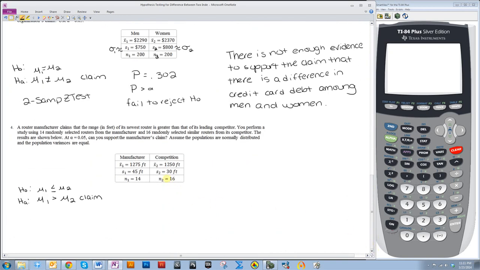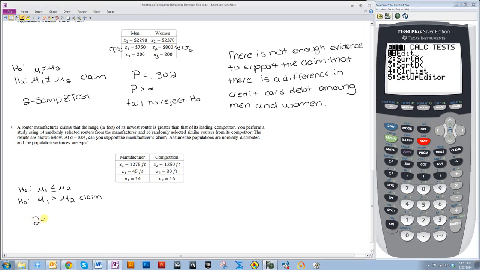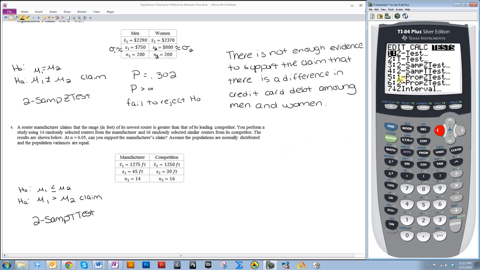So we go to stat. 2-SampTTest, which is number 4. Make sure stats is highlighted.